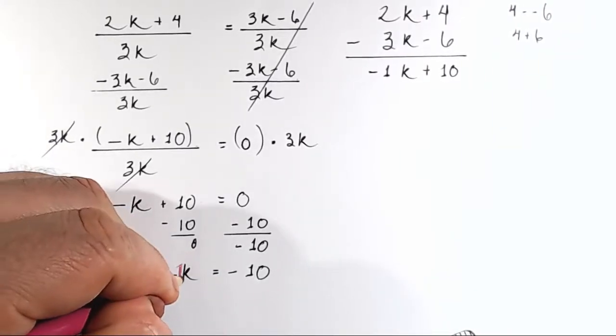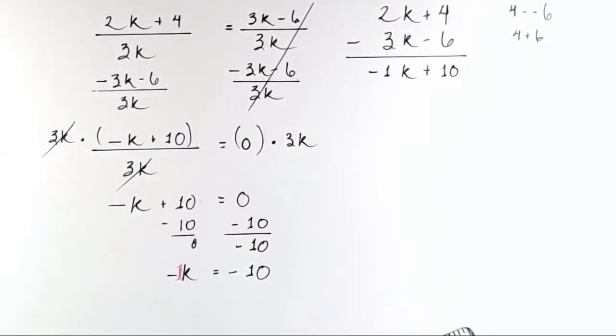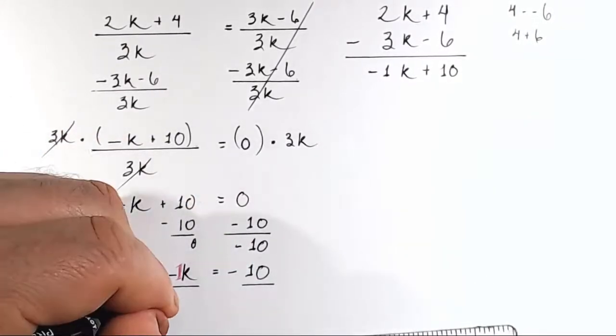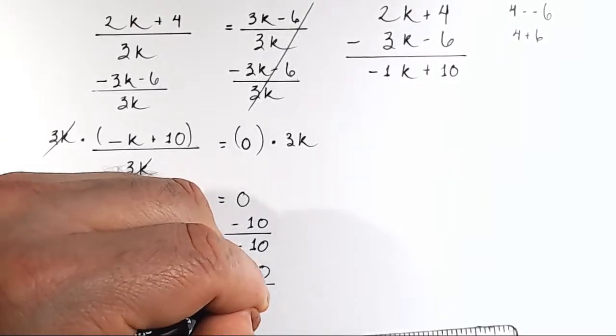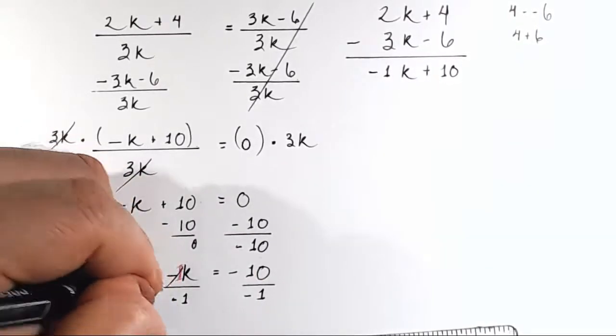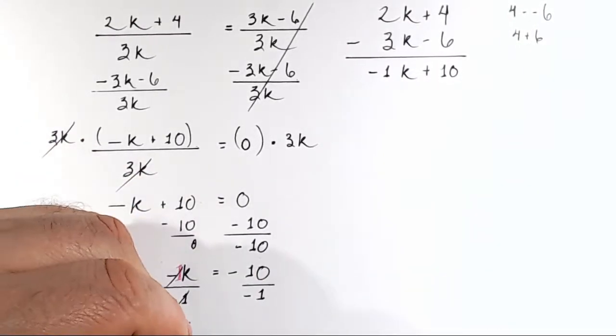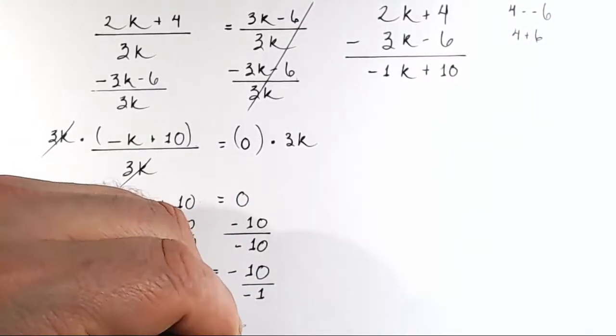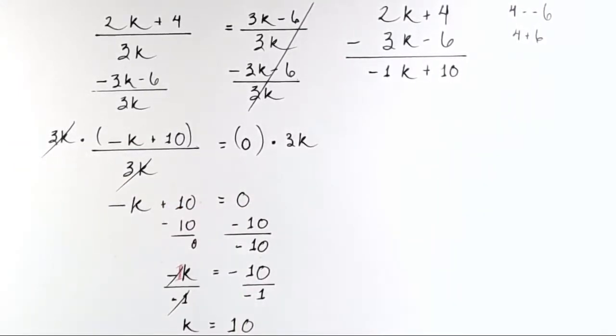And remember, there's a 1 here. So I can divide both sides by negative 1. So the negative 1's cancel, and I have k by itself equal to negative 10 divided by negative 1, which, negative by negative is a positive, so k just equals 10.